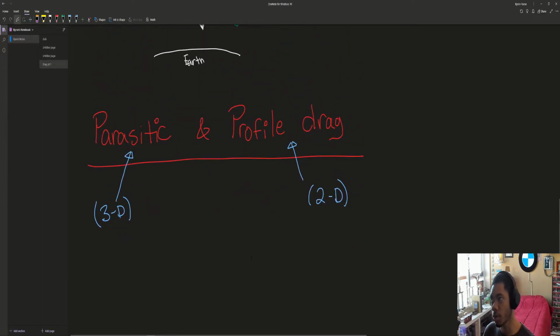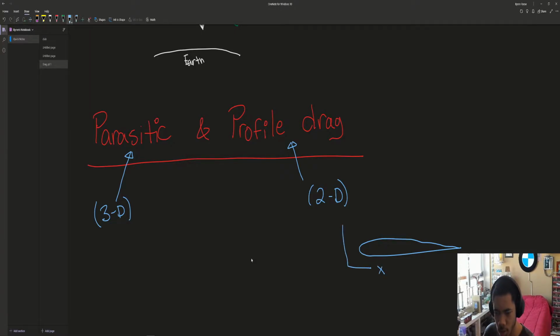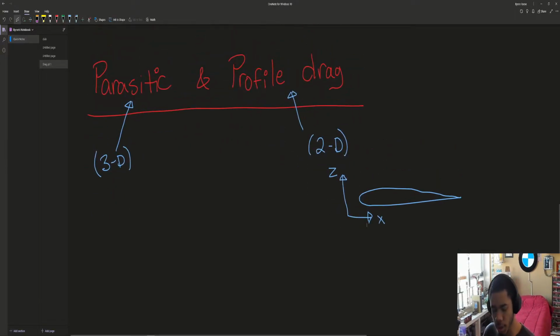Alright, so what's a 2D problem? A 2D problem is if we have our airfoil. This is a 2D case. We're only looking at it in our X and our Z components. Thus, 2D.